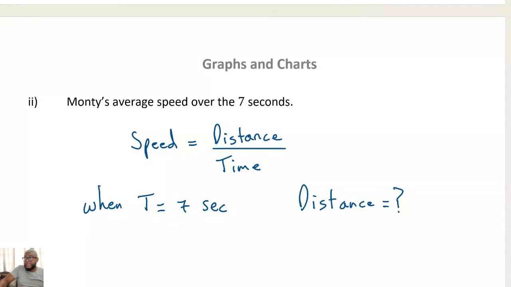But I gave you all a note above. How do I find the distance from a speed time graph?